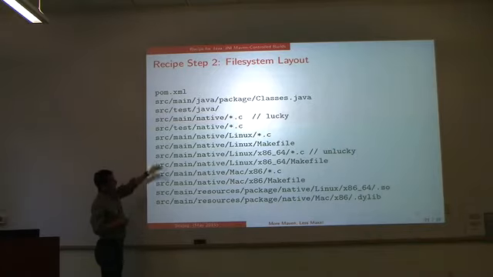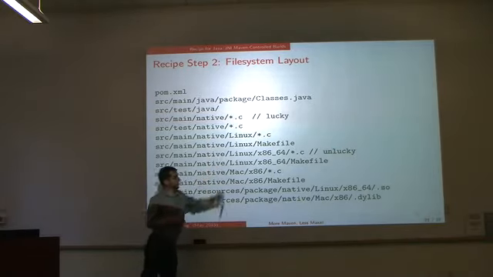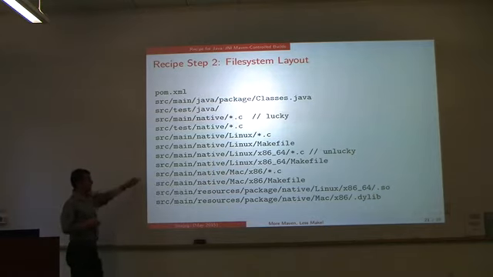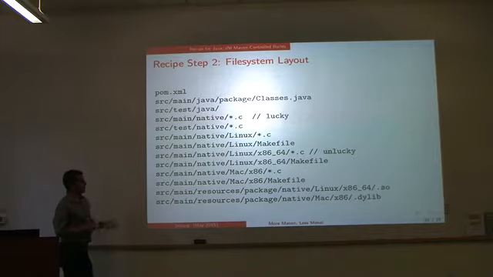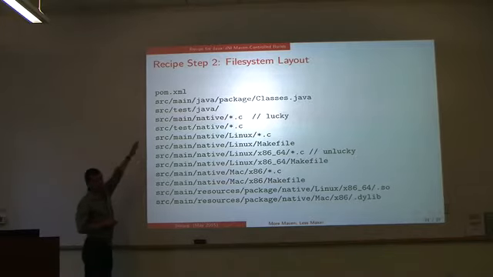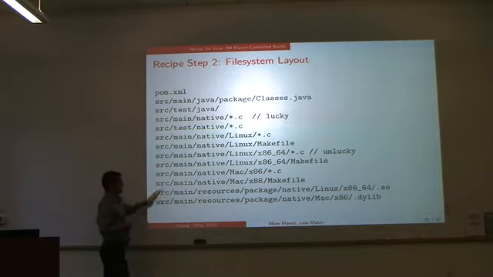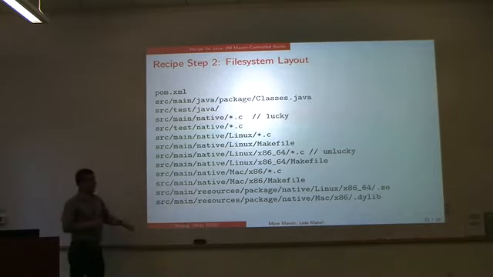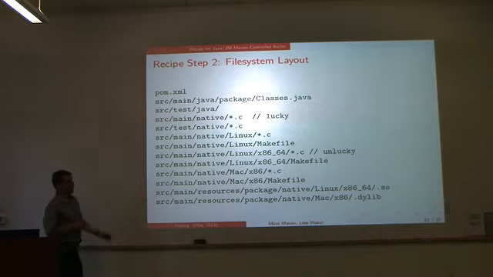So then I have a makefile in each directory for each OS and architecture, same for Mac and Linux. What I produce when you do the builds from the make, I'm going to get Maven to call the make, and I'm going to get make to put the artifacts, the SOs and the dylibs, in source main resources, and then I'm going to check that into Git or other version control, so it looks like a regular Java resource, even though it needed the make and the C stuff to create those.